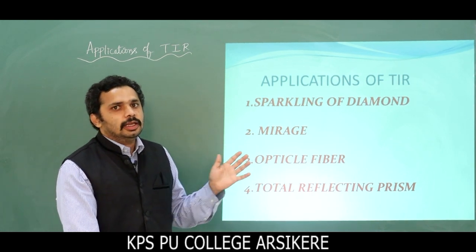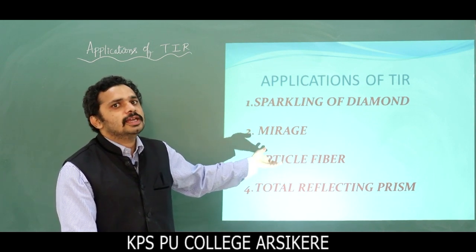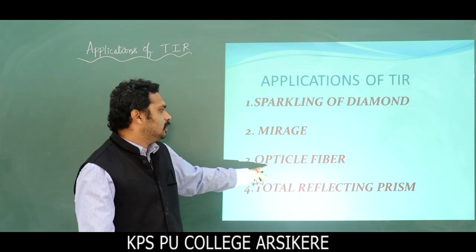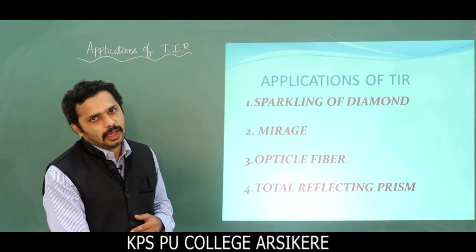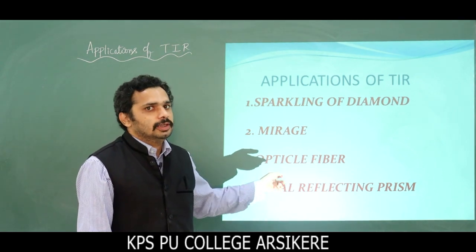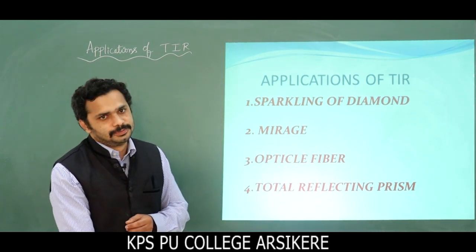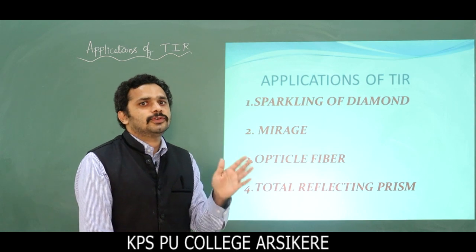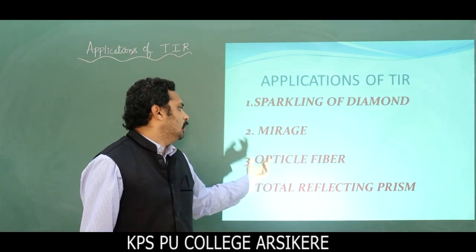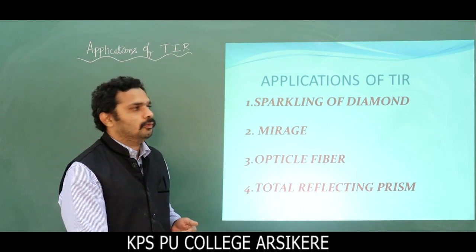In desert regions we observe images of objects, which we call mirage. The third application is optical fiber, which we actually use in communication, so it is an important application. The fourth one is the total reflecting prism. We use prisms for reflecting purposes, using the TIR phenomenon. Let us discuss one by one.